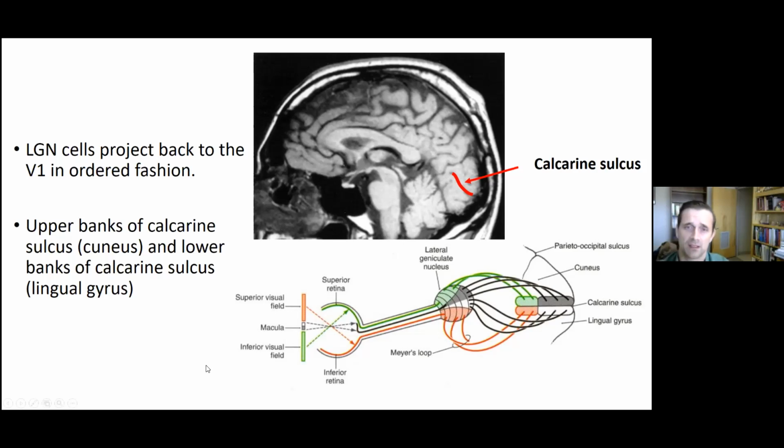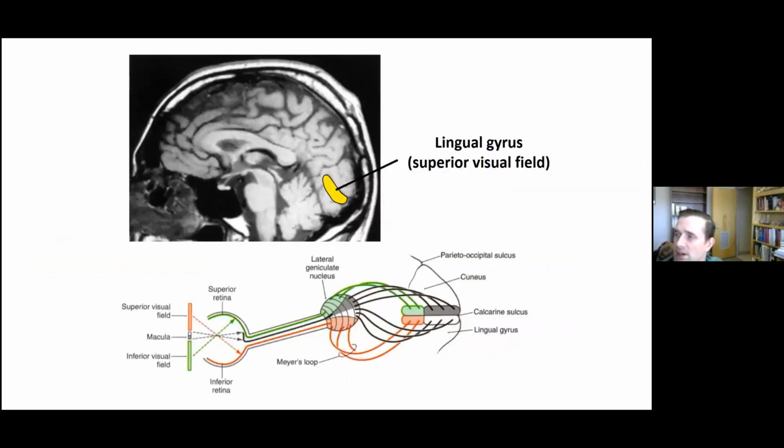And then the lower aspect of the primary visual cortex we call the lingual gyrus, because it kind of looks like a tongue. And then here again is your nice image that's showing your differentiation and fiber projections. So here's our lingual gyrus.